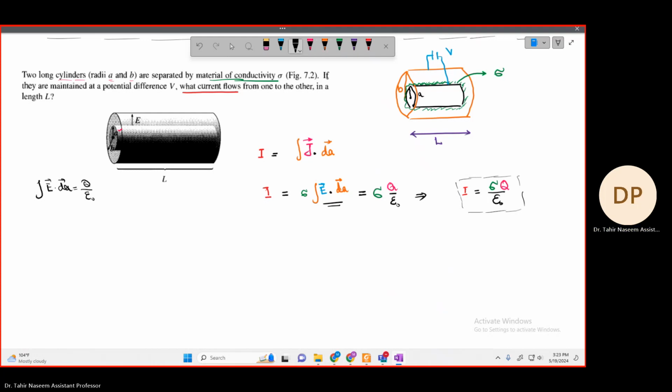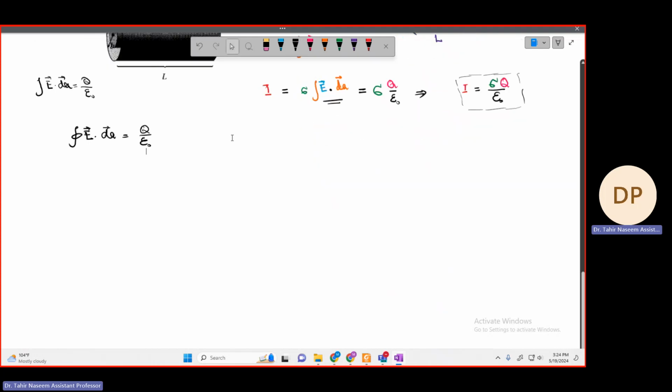Okay, so if we use Gauss's law, we state E dot dA is equal to Q over epsilon, right? And I want to find this Q. Okay, so how can I do that?